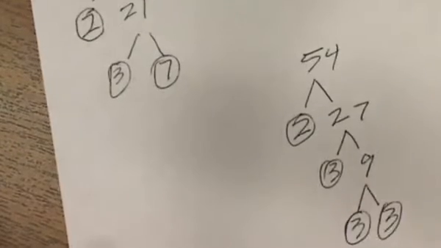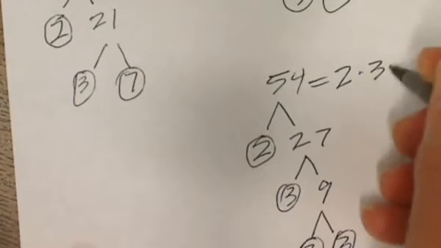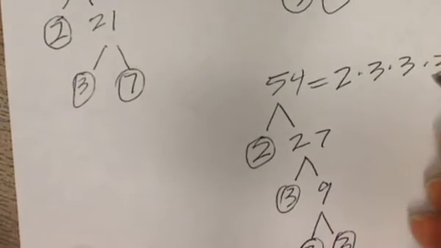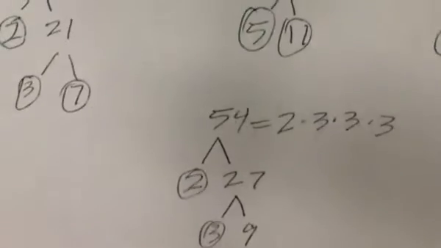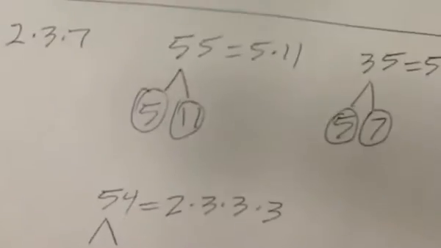And those are prime. So 54 equals 2 times 3 times 3 times 3. Now that's a little bit of work. It's much better to know your multiplication tables very well so you can do it like I did here.